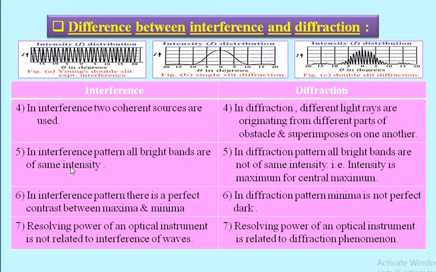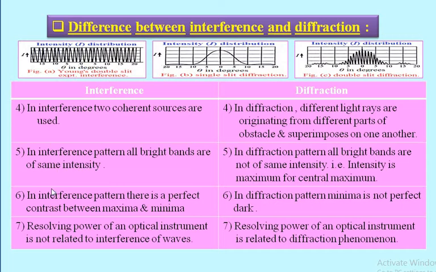In interference, all bright bands are of the same intensity, and in diffraction, all the bright bands are not of the same intensity, that is, intensity is maximum for the central maximum. See the diagram, intensity is maximum for the central maximum, and in interference, all bands are of the same intensity.